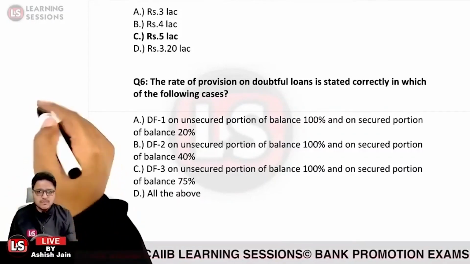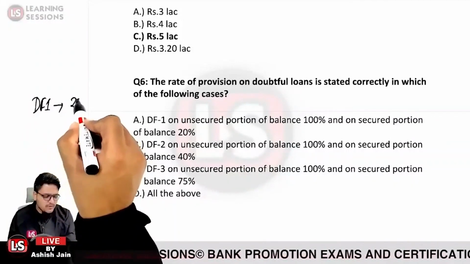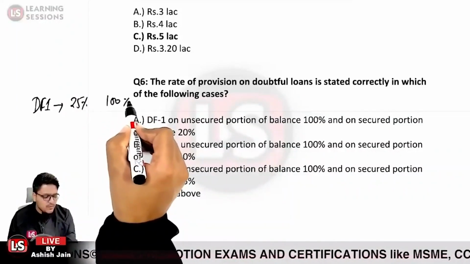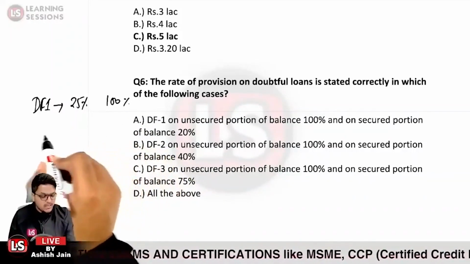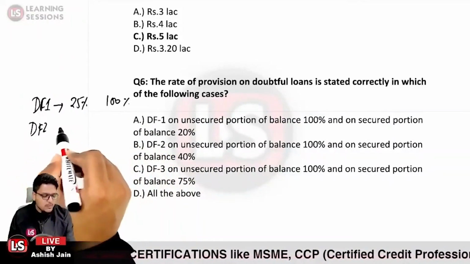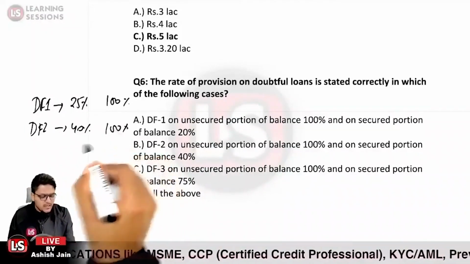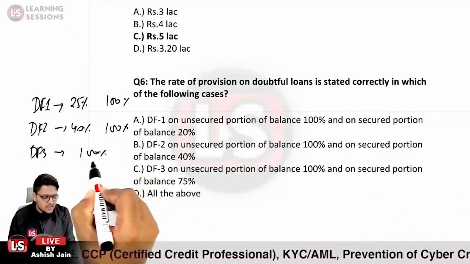Under DF1, the provision applicable is 25% for the secured part and 100% uniformly for the unsecured part, whether it is DF1, DF2 or DF3. For DF2, for the secured part it is 40% and for the unsecured part it is again 100%. Under DF3 it is uniformly 100%, whether secured or unsecured.